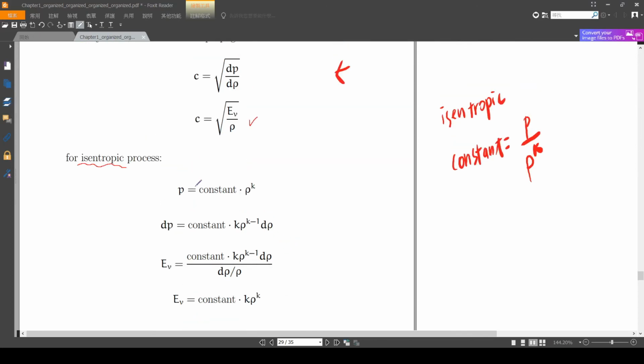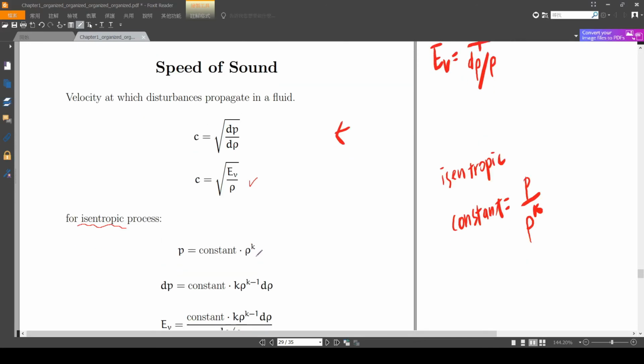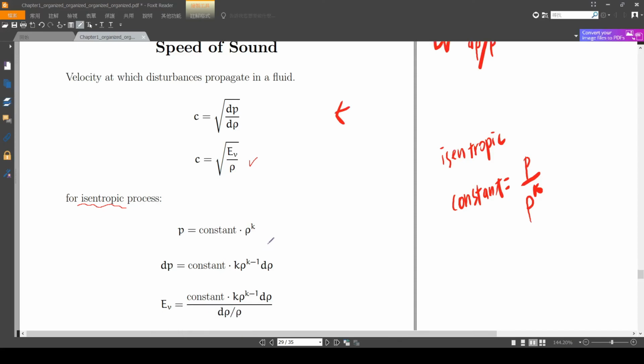So now we just quickly take a look at this part. Because we know it is an isentropic process, the absolute pressure divided by the density to the K is a constant. So we know that the pressure will equal a constant times this part, and then we take the derivative.